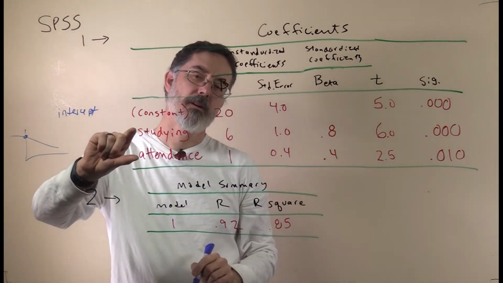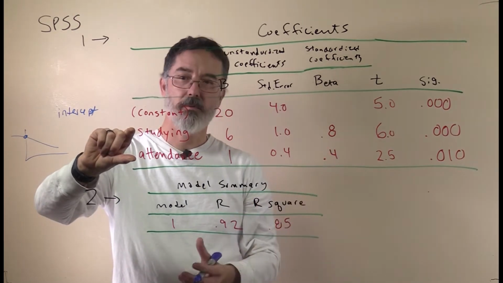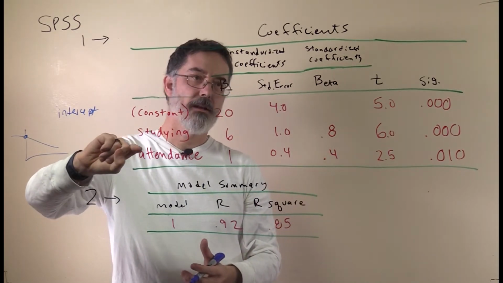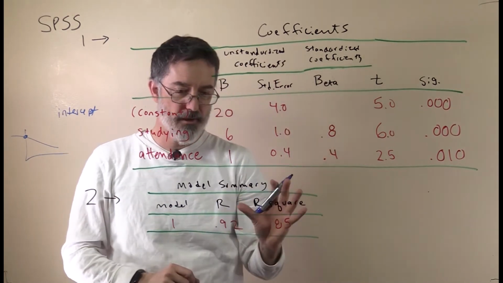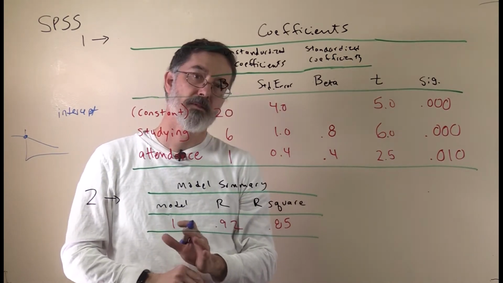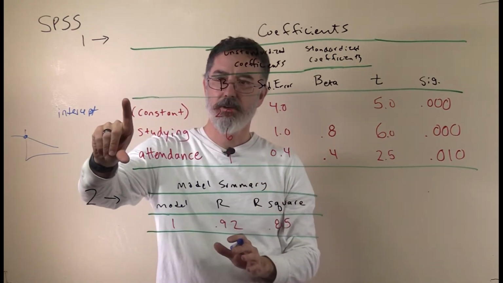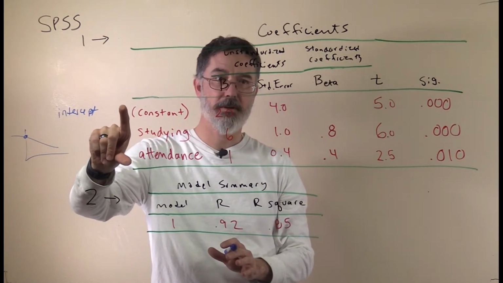And then there's going to be a row for every predictor variable that you have. For this particular example, we have studying and attendance as predictors. And it doesn't say the outcome variable anywhere here, but remember the outcome variable was exam score. Right, so we have our 2 variables and the intercept here.